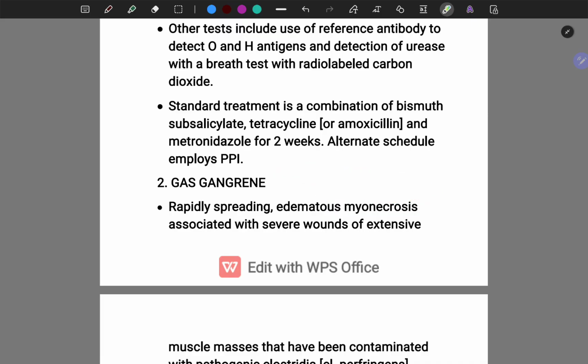Crepitus is a very important clinical feature. Gas gangrene predominantly occurs in situations like diabetic foot and gunshot wounds. For treatment, anti-gas gangrene serum can be given.